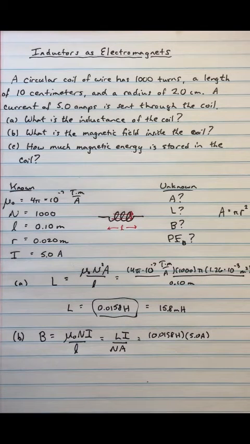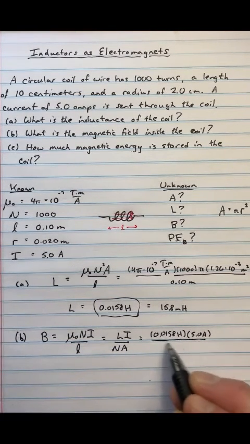It's very similar in a fashion, again, to how capacitors work, right? Capacitors also depended upon a cross-sectional area and a distance and a constant, an electric constant in that case, and so on and so forth. So they're comparable ideas. All right, divide by the number of turns, which is 1,000.